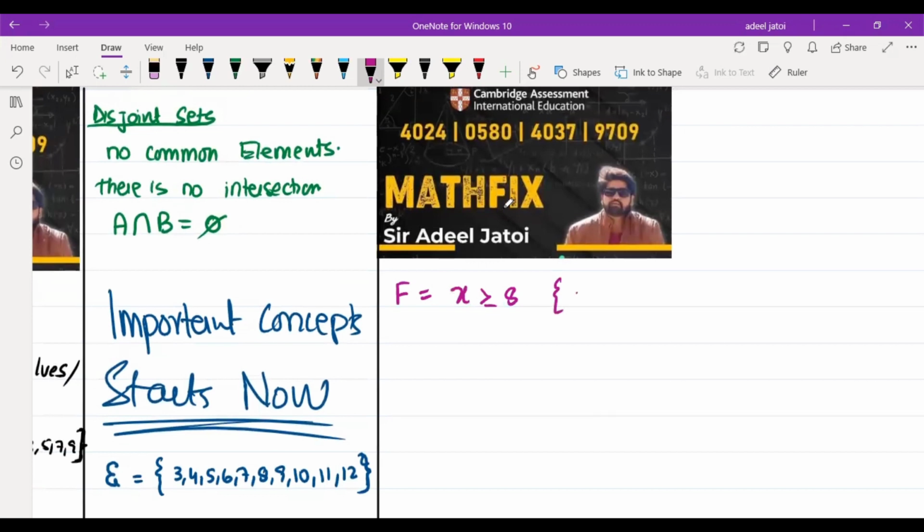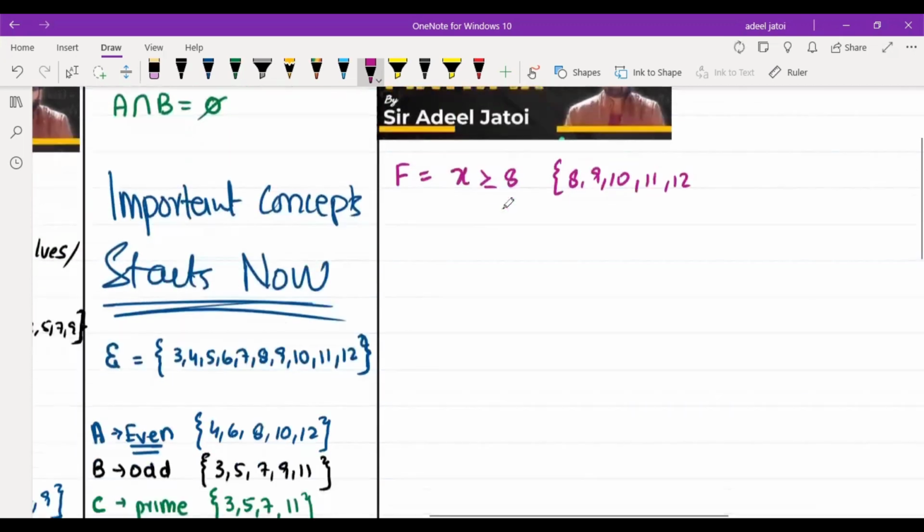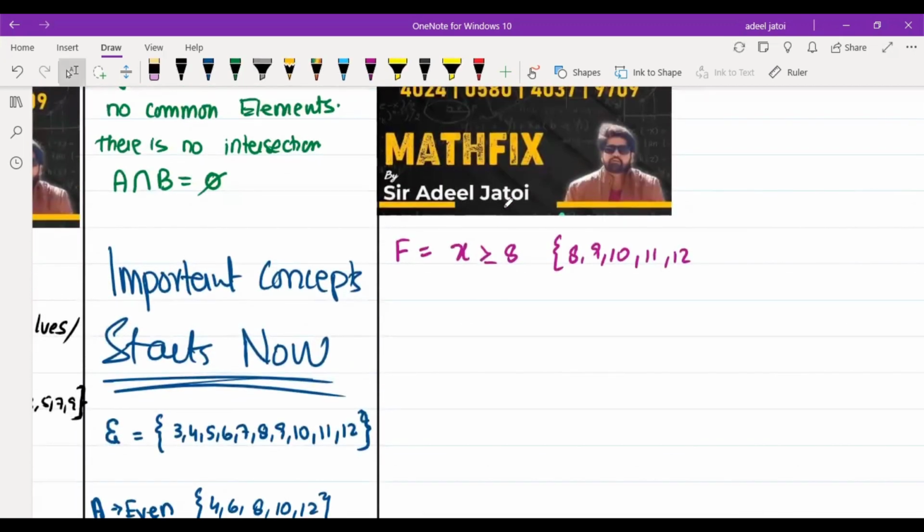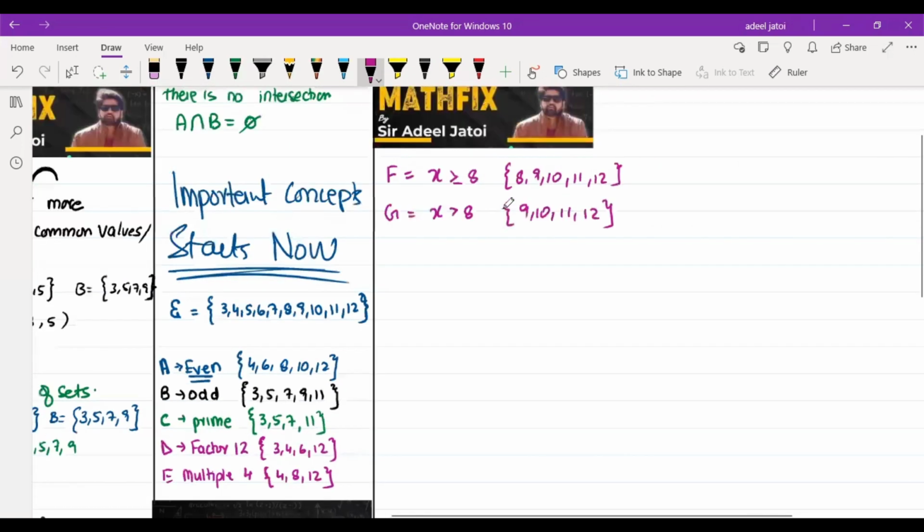So the values will be 8, 9, 10, 11, and 12, because your universal set contains values till 12. And if this would have been X is greater than 8, then we would have started from 9, 10, 11, and 12. So these would have been the values from the set.